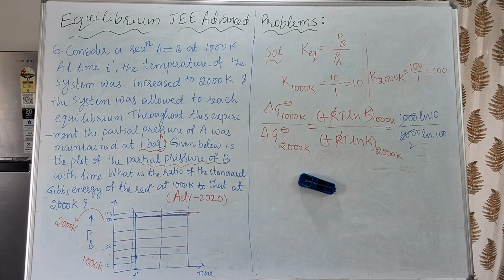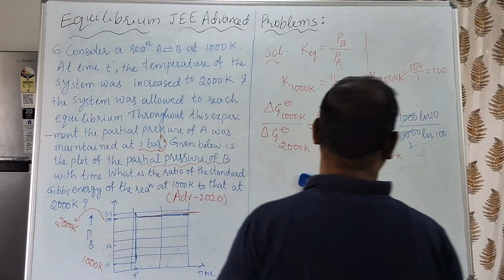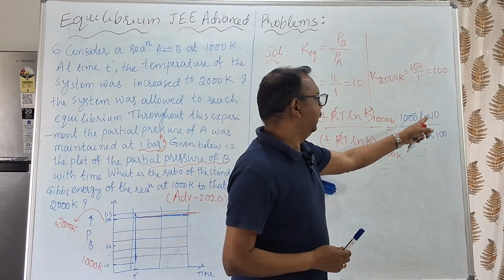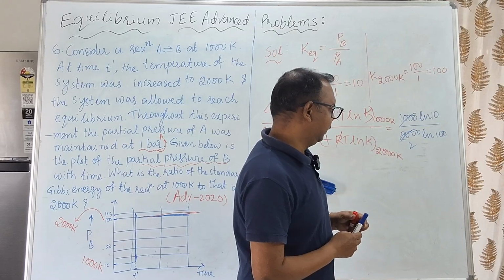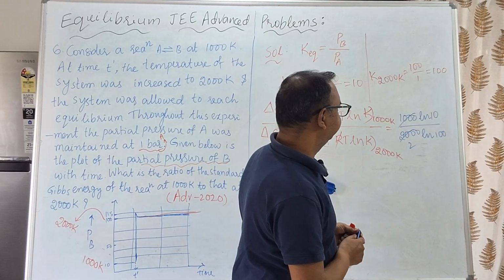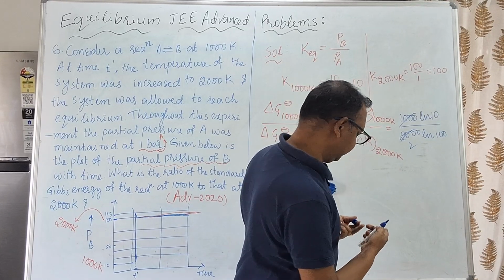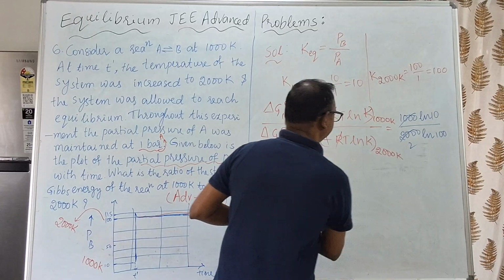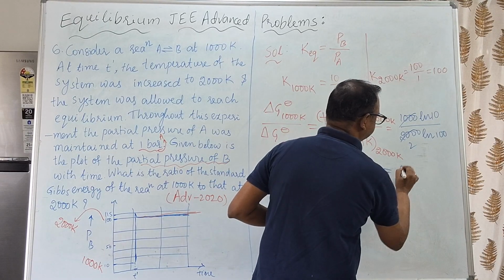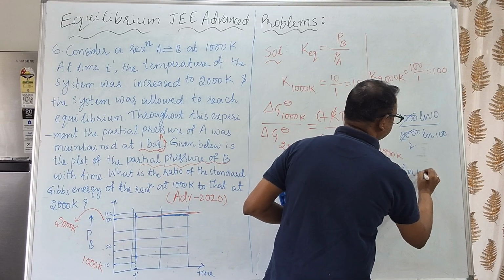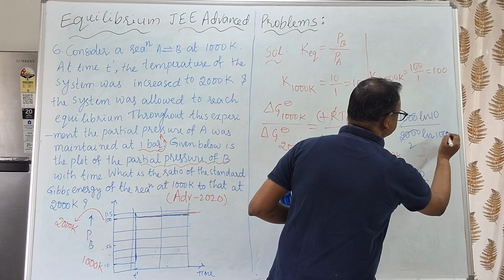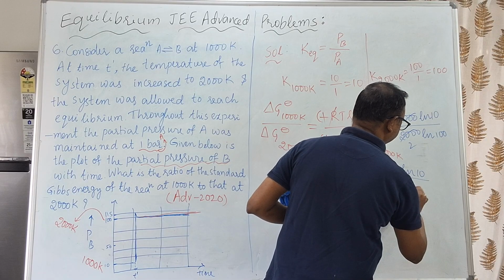You can see ln 10 by ln 100 is given. As the continuation step, I am writing ln 10 by ln 10 power 2, which we can write as 2 ln 10.